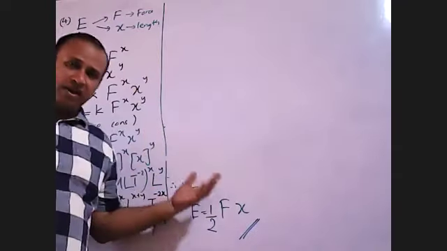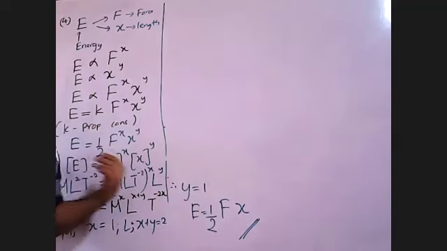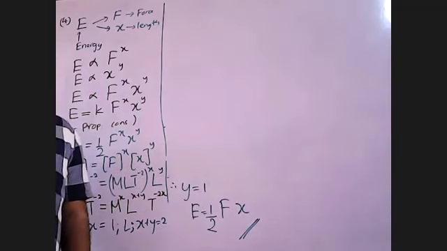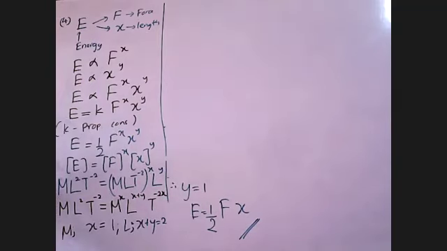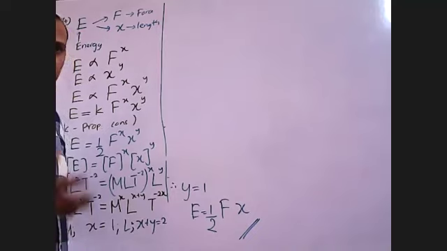Actually, it is very clear, in this procedure there were a lot of limitations. We cannot determine x and y if I don't know the value of k. And the other thing is, if I don't know the dimension of each and every term, I cannot do this.